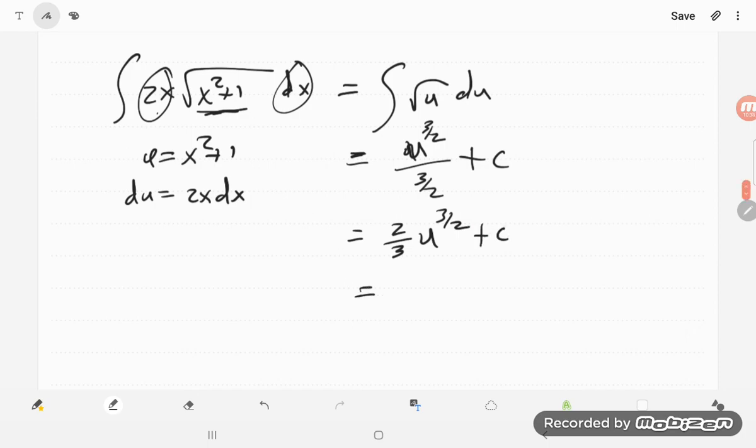But now substituting back for the u, I have 2/3 times (x squared plus 1) to the 3/2 plus my arbitrary constant c. So that's the idea. And I think probably the best thing to do is look through, do some exercises from the exercise section and kind of see how those go. So that's what we'll do.